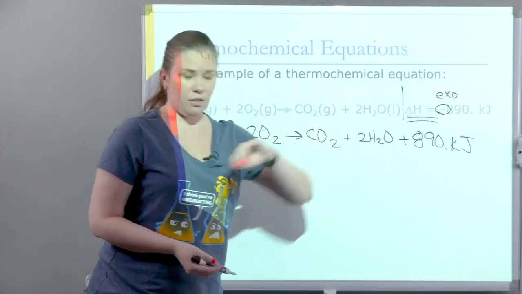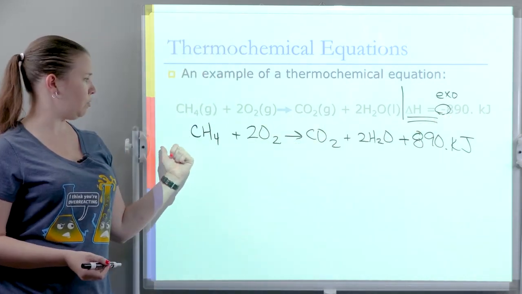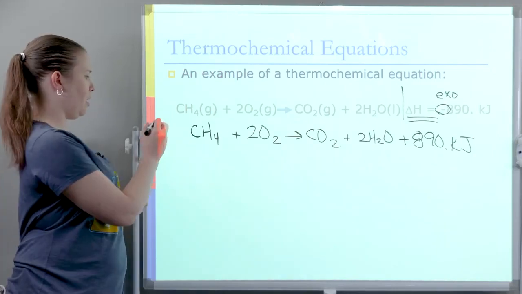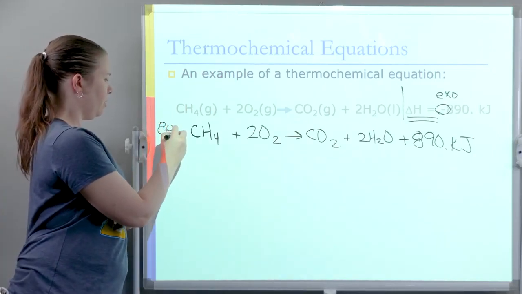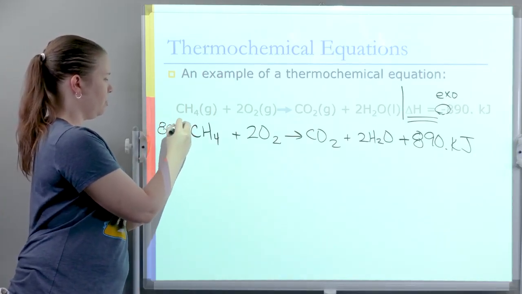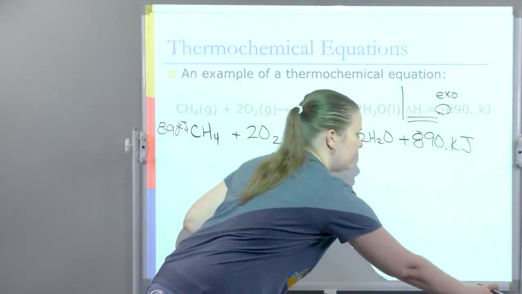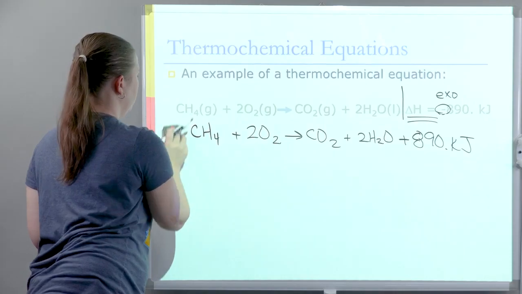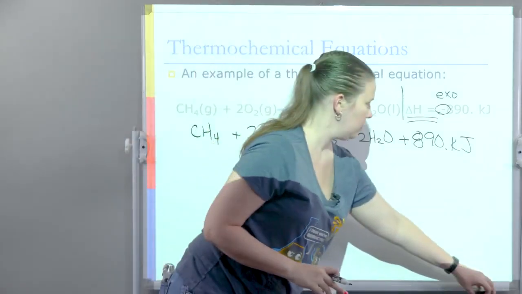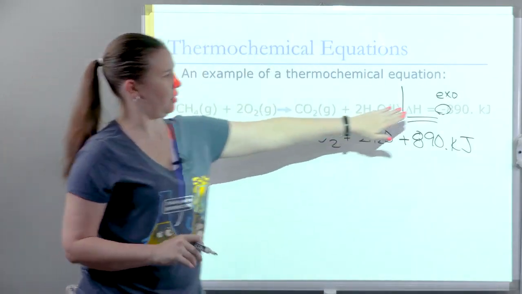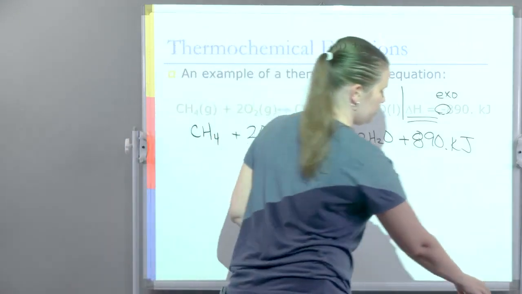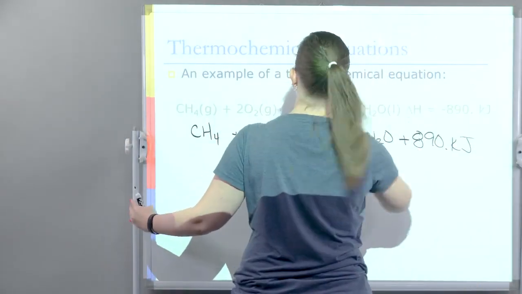If it were a positive 890, we would write that on the reactant side. 890 kilojoules plus the reactants would then give the products. But it is negative, so we only want it on the product side. So negative goes on product side, positive on reactant side.